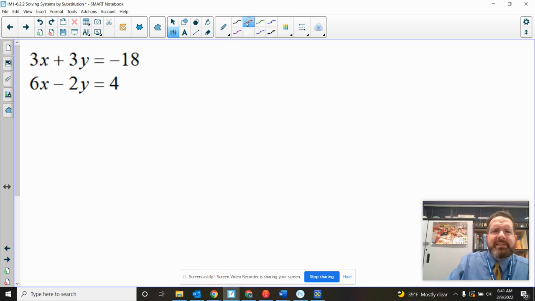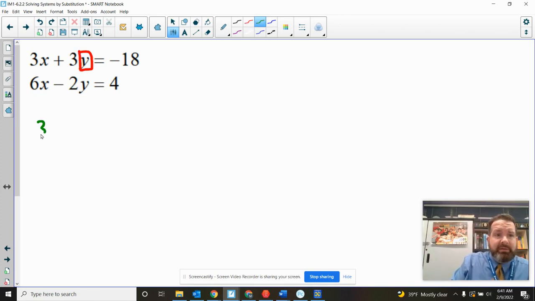So in terms of what's easy to solve for, in this case, you have choices. On the top equation, everything's divisible by 3, so you could solve for the x or the y. On the bottom equation, everything's divisible by 2, so you could solve for the bottom y. Let's see, I'm just going to pick this top y. So that's the one I'm going to choose to solve for.